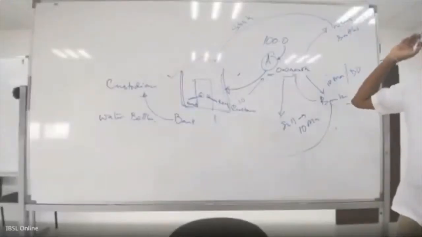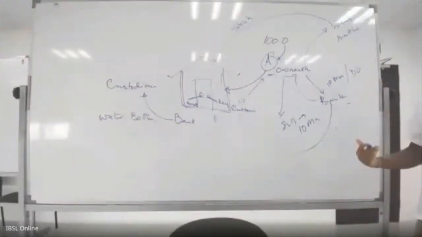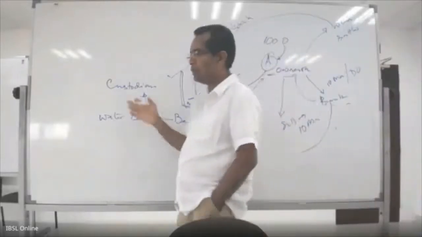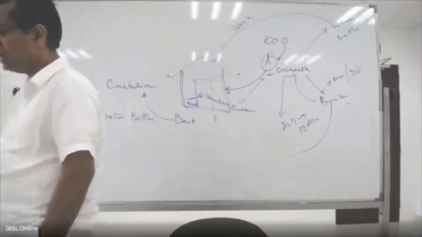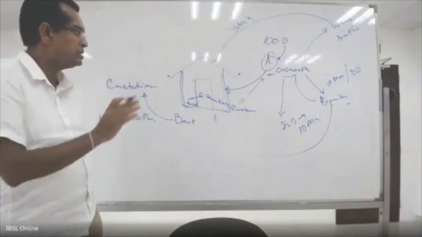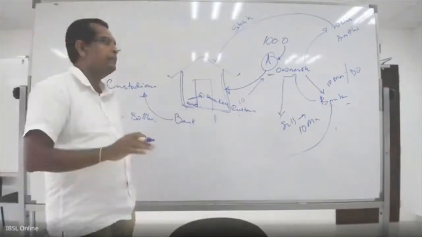So he can sell, but first the bank needs to be settled. Then only the goods will be released. So under a pledge, ownership is with the customer, but possession is with the bank. That is called a pledge.